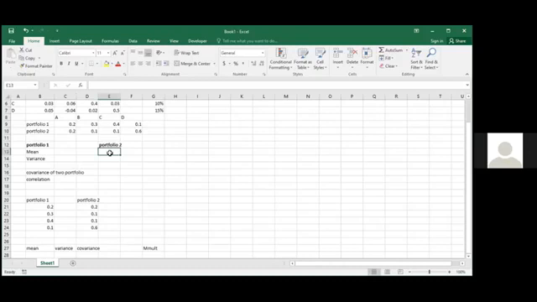Now in this calculation, remember we have to use the MMULT function here.